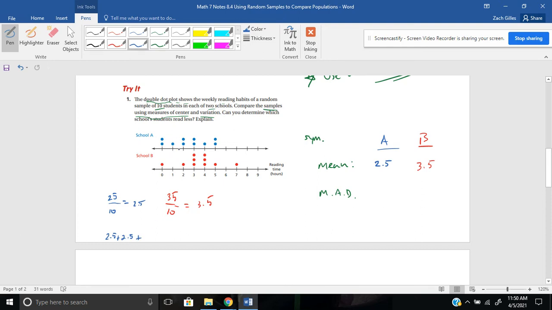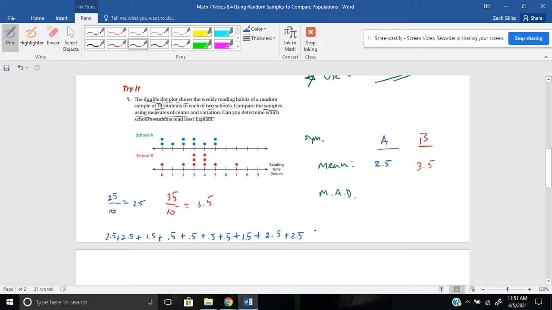How far is 1 away from 2.5? Well, it's 1.5 away. How far is 2 away from 2.5? A half, so 0.5 plus 0.5. 3 is also 0.5 away, and I have 2 of them. Plus 4 is 1.5 away from 2.5. Plus 5 is 2.5 away, and I have 2 of them.